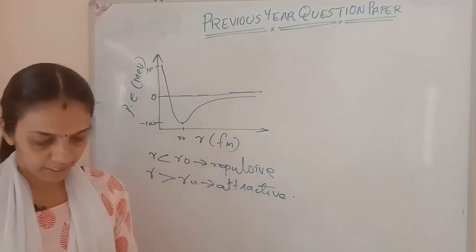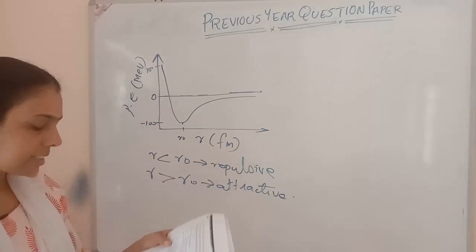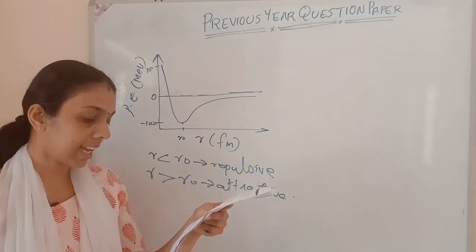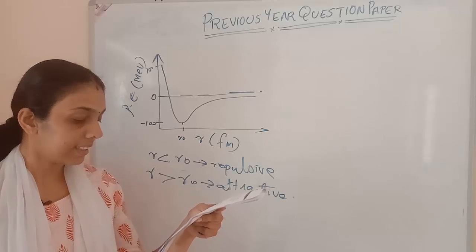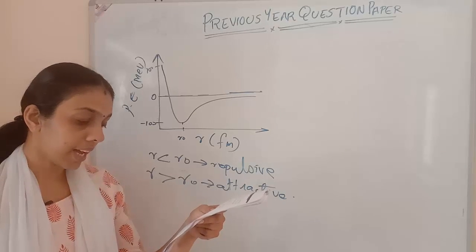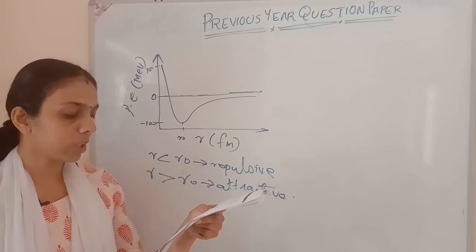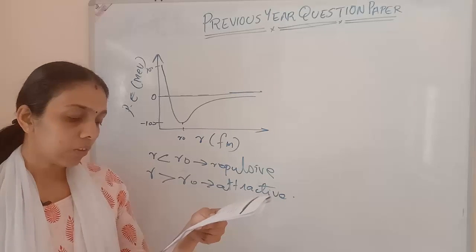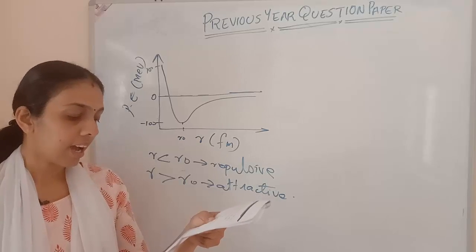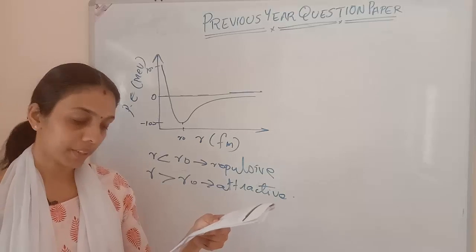Okay, so the next one is a triangular prism of refracting angle 60 degree made of transparent material of refractive index 2 by root 3. A ray of light is incident normally on face KL as shown in figure.